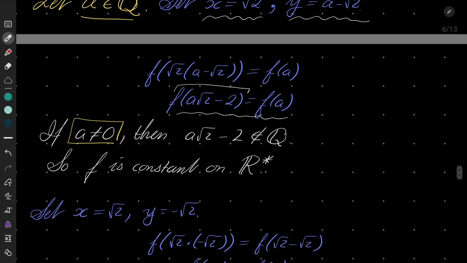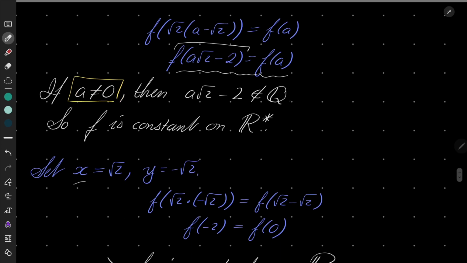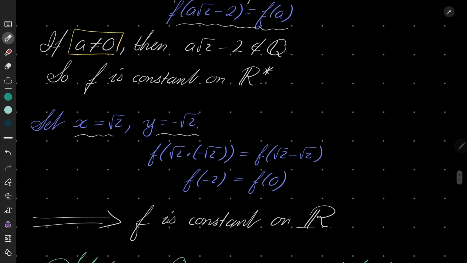And finally, by taking a equals 0, by taking x equals square root of 2 and y equals minus square root of 2, I see that f of minus 2 equals f of 0, which means that f of 0 is the same constant value, which implies that our function is constant on the whole field of real numbers.